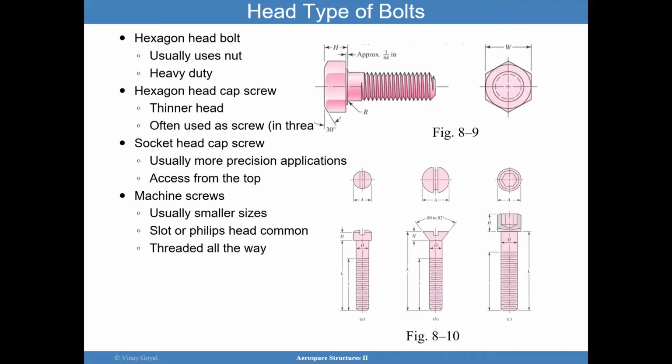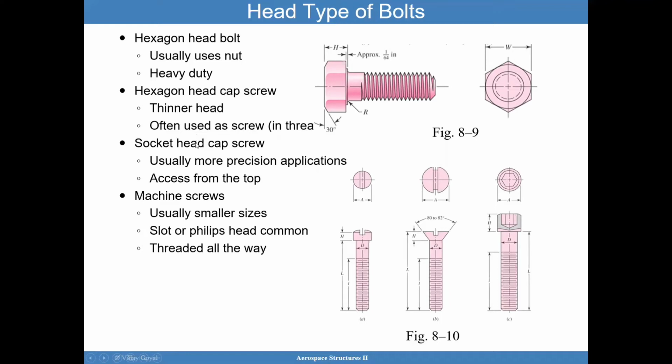I do want to consider and talk about head types of bolts. There are various head types of bolts. Hexagonal head bolts usually will use a nut and are heavy duty. Hexagonal head cap screw is a thinner head, and so it's often used as a screw.